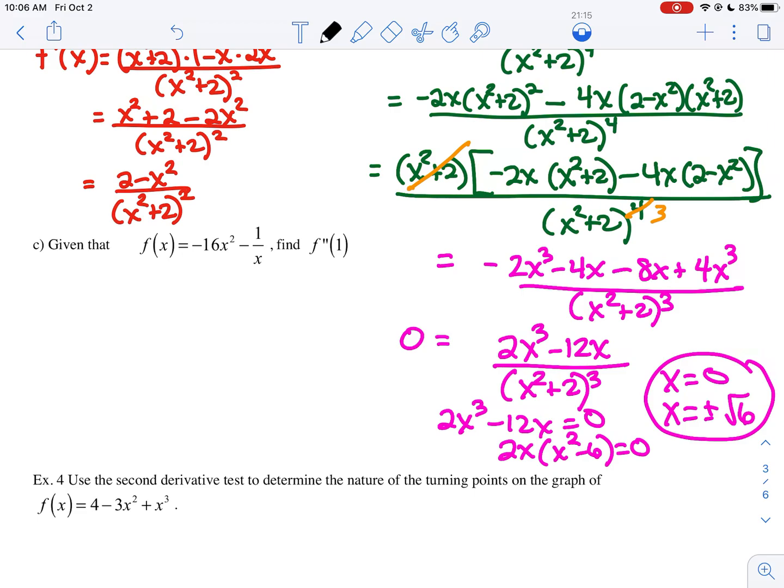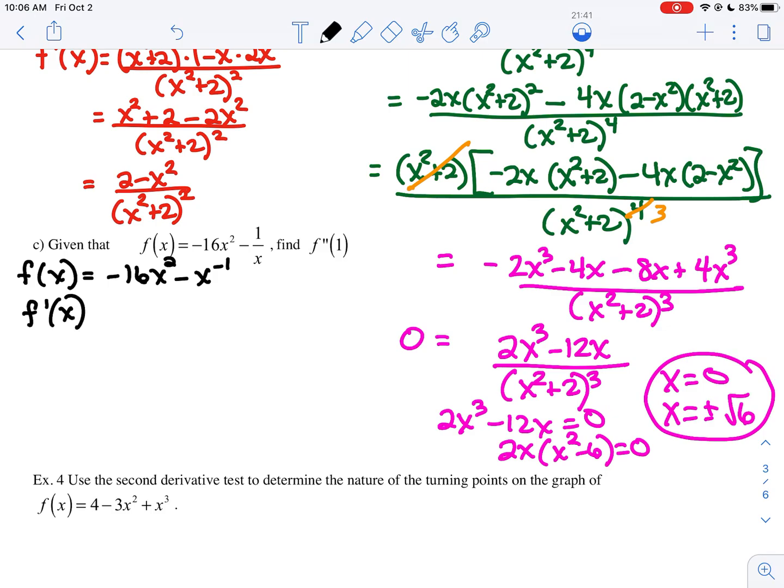All right, part C. Given that f of x equals negative 16x squared minus 1 over x, find the second derivative of 1. We would say f double prime of 1. So the first thing I'm going to do is put this in power rule form. I would rewrite f of x as negative 16x squared minus x to the negative 1.